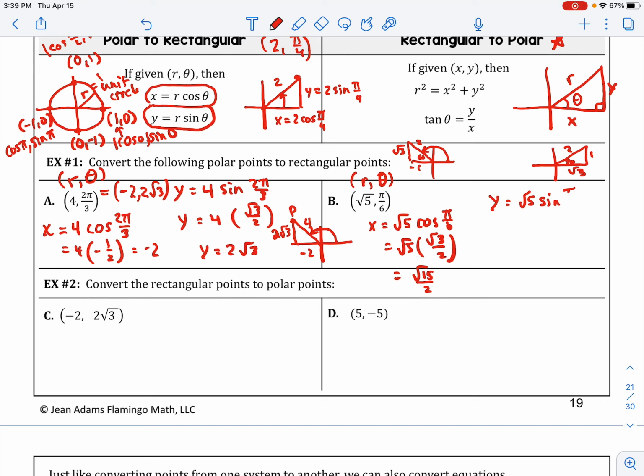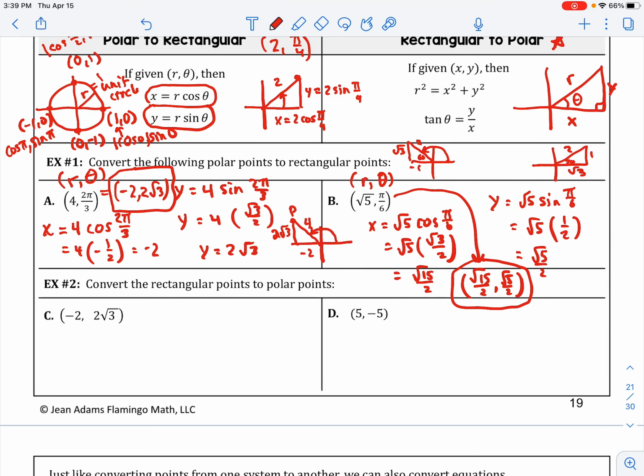And then our y value would be square root of 5 times the sine of pi over 6, square root of 5 times 1/2. So that's square root of 5 over 2. So our xy coordinate, square root of 15 over 2, comma, square root of 5 over 2. That is what this is equal to. Just like we found this one over here. I didn't circle it.